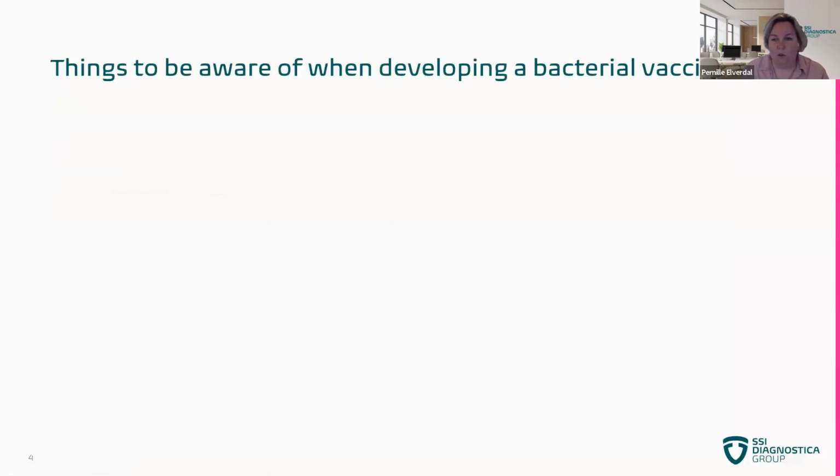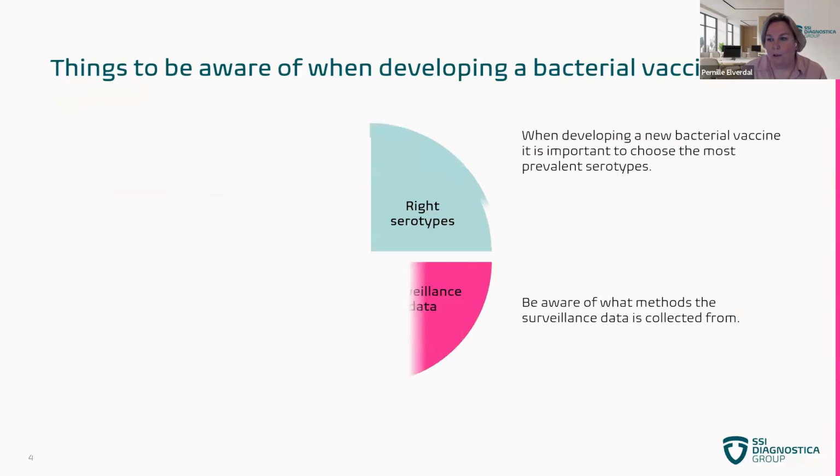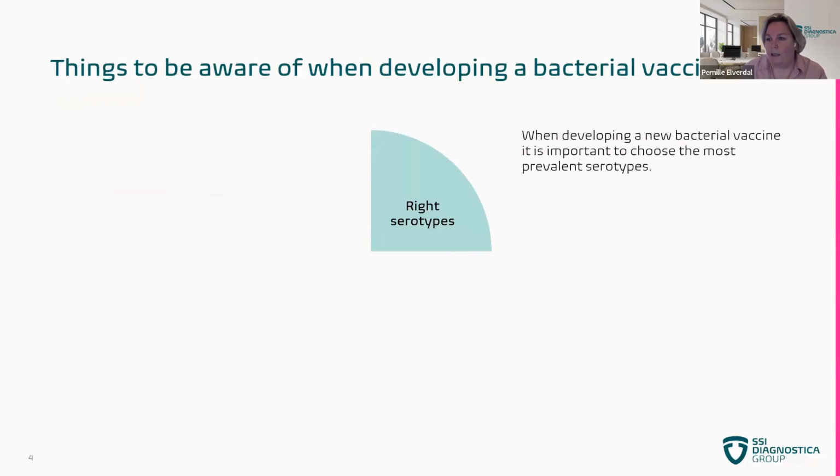Things to be aware of when developing your vaccine: it's very important that you choose the most prevalent serotypes, especially when working with the most critical strategic decisions in vaccine development and with pathogens that have multiple circulating variants. The same applies to pneumococcus, dengue, meningococcus, and other bacteria and viruses.